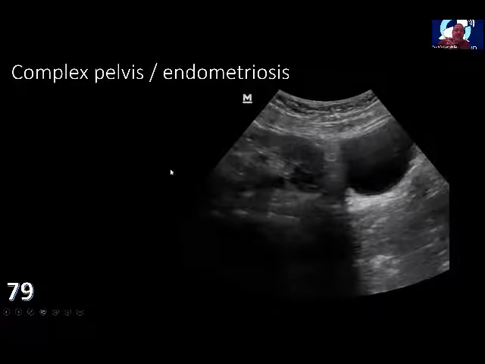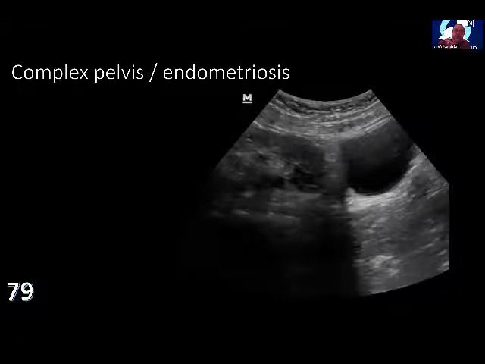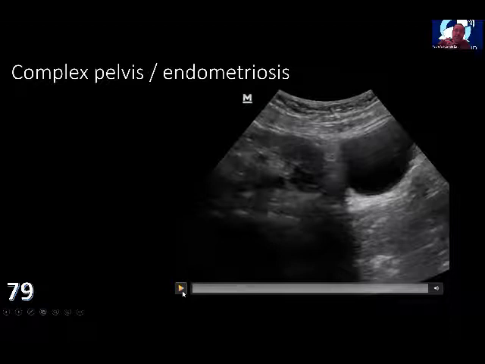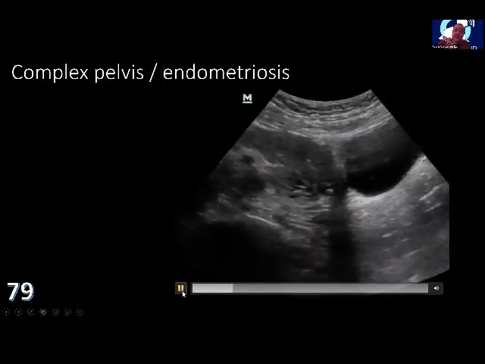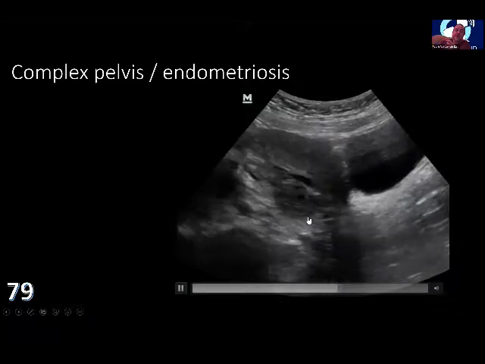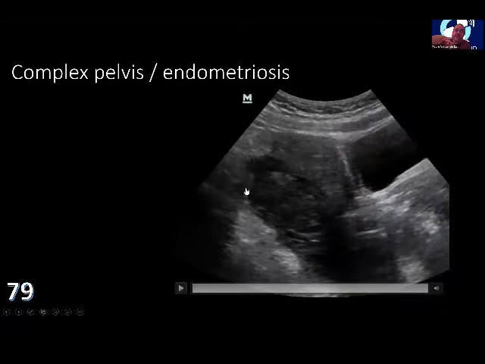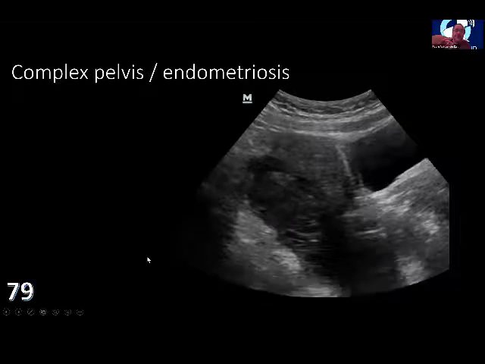A very complex pelvis sometimes is endometriosis. Endometriosis is a great mimicker. It can mimic anything, and it can look like that, just an ugly pelvis with big things by the sides of the uterus or behind the uterus.